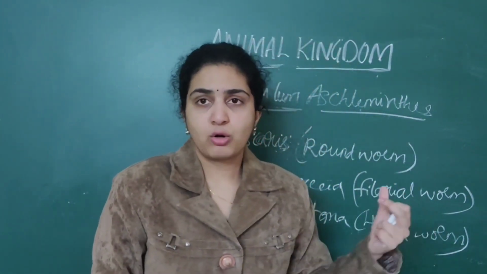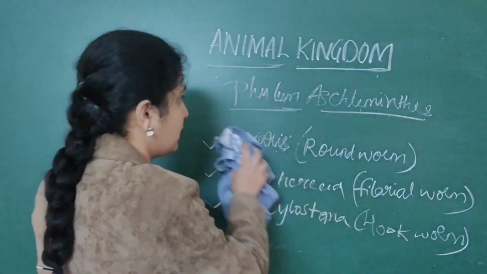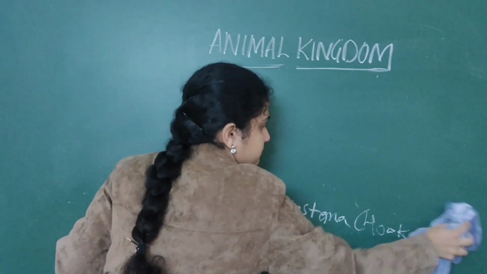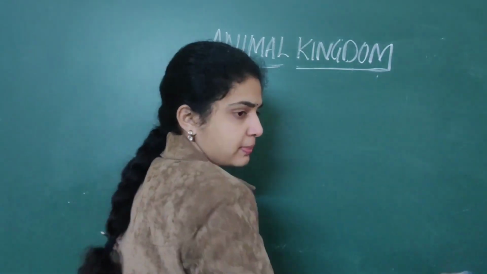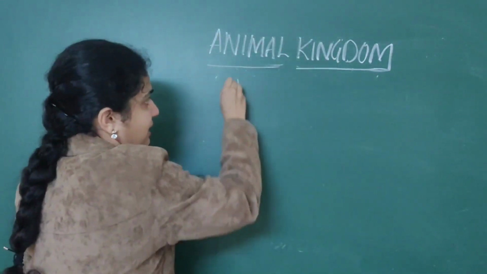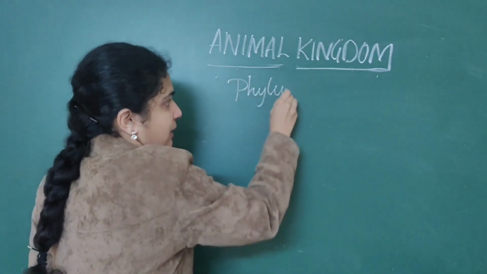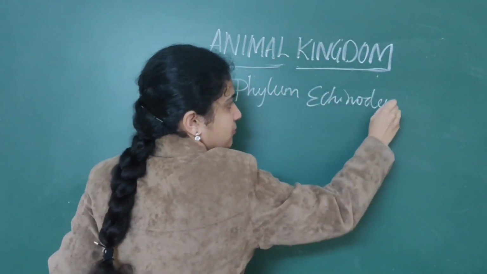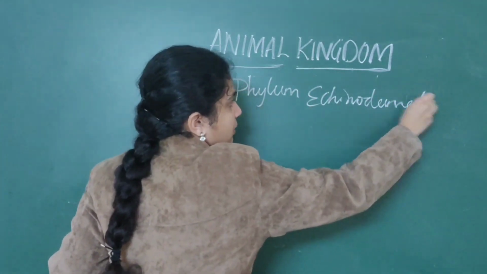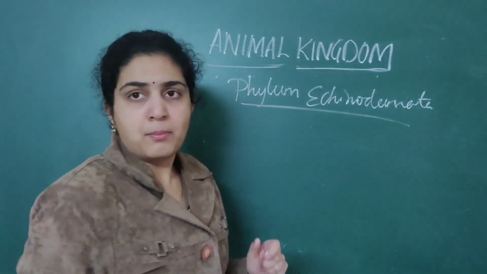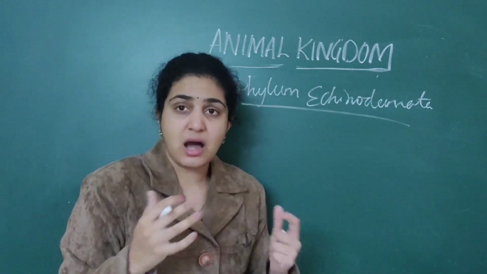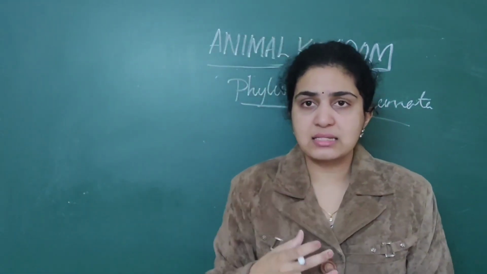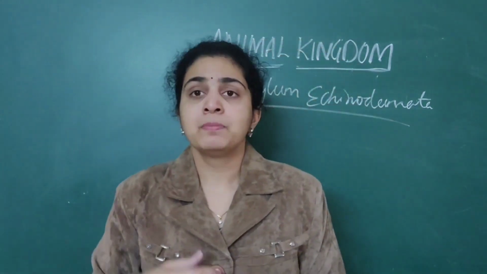But now we are going to complete Echinodermata. Echinodermata means all the starfishes and so on come under this phylum.